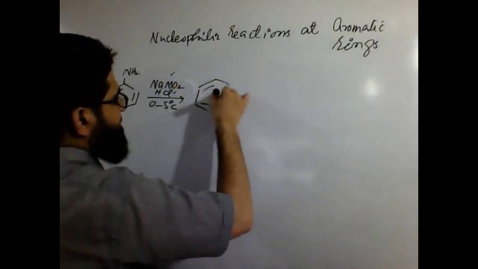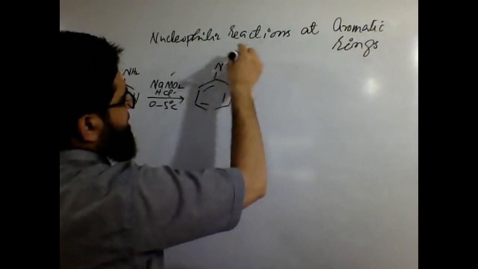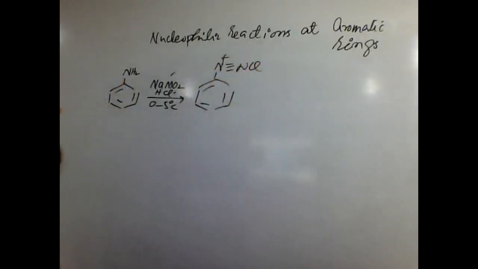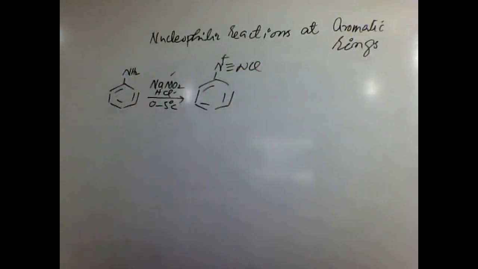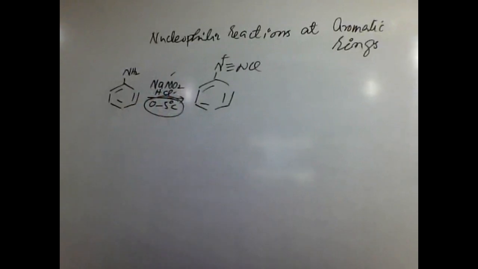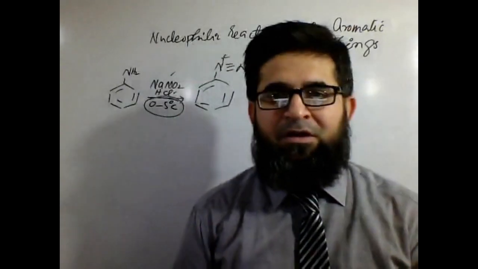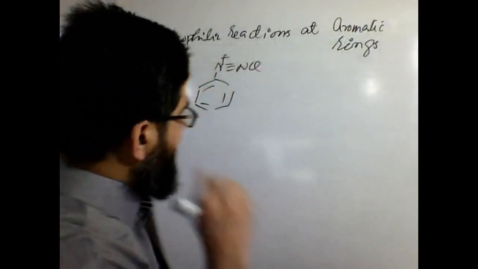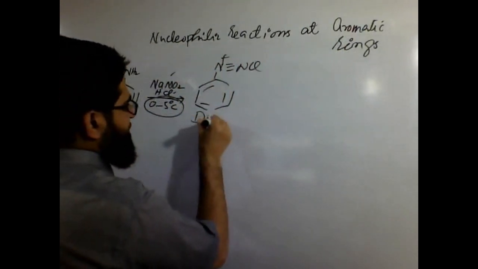So we received the diazonium salt having positive charge. As I've told you, for this diazonium salt preparation, you need to keep the temperature 0 to 5 degree. If the temperature moves higher than 5 degree, then we have an idea these diazonium salts are unstable in nature.